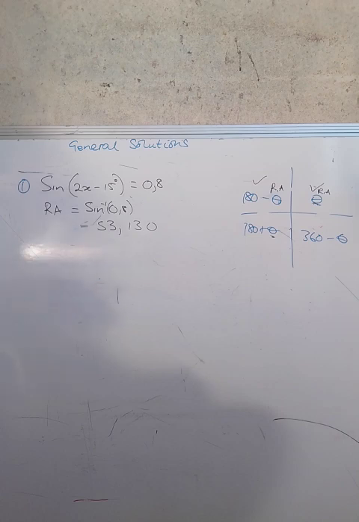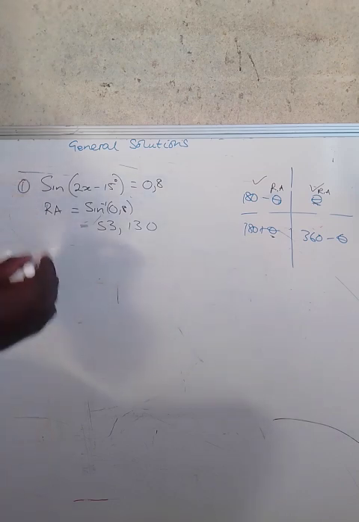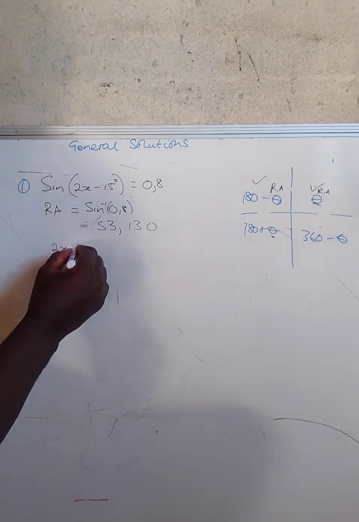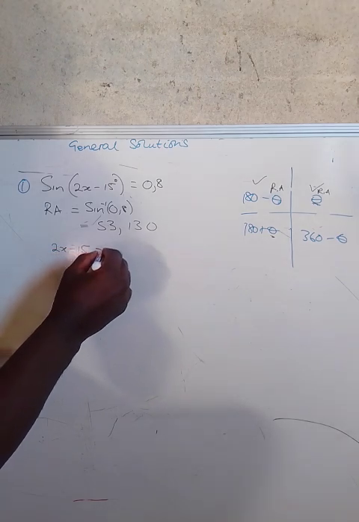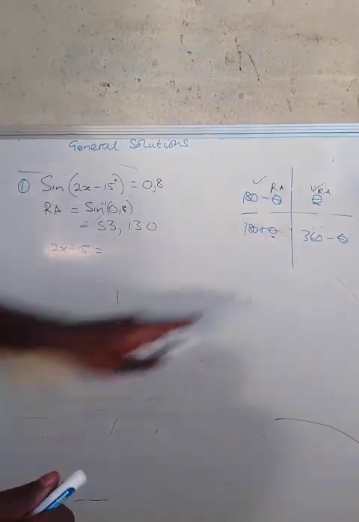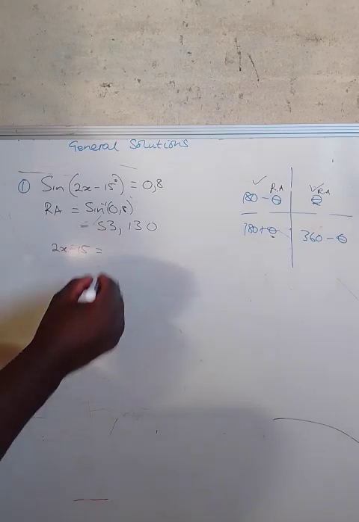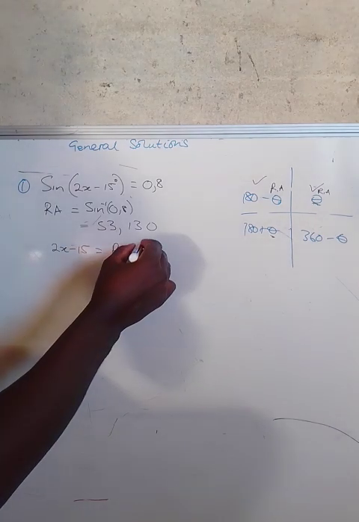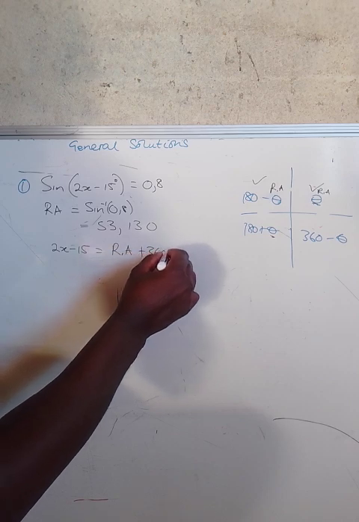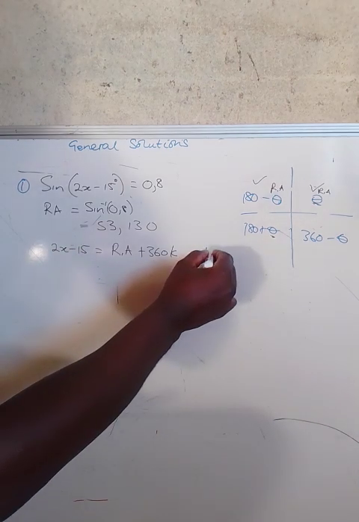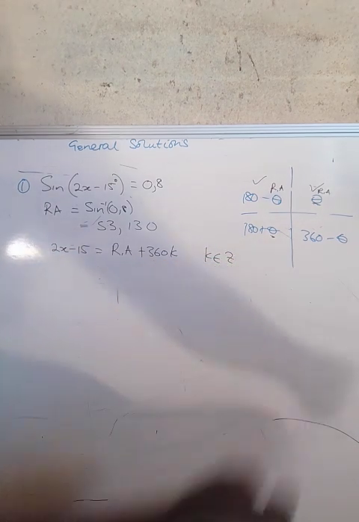So in other words, we are going to say our 2x minus 15 is equal to, let's take the first quadrant, we replace theta with the reference angle, plus 360k, where k is an element of Z.